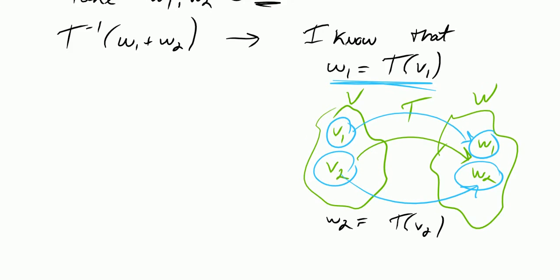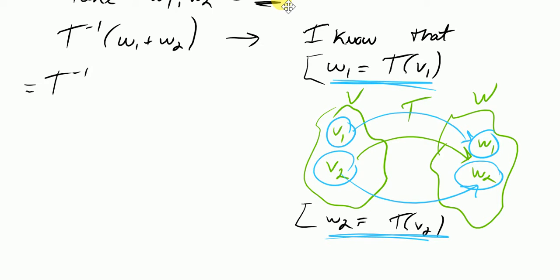So now I know these two things, right? So remember that W2, V2, W1, and V1 are all arbitrary, right? It's just I know that W1, W2 is in big W, and I know that V1, V2 is in big V, right? Okay, so now because I know these two things, then I can rewrite this as T inverse of T V1 plus T V2.